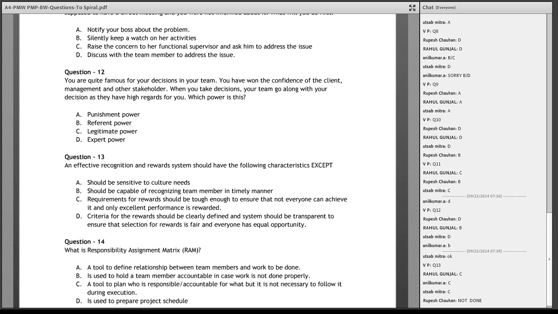Criteria for reward should be clearly defined and the system should be transparent to ensure that selection for the reward is fair and everyone has equal opportunity. In fact, this is the most important thing in everything in life. People are not upset about getting less or more or not getting anything at all, as long as they believe they are fairly treated.